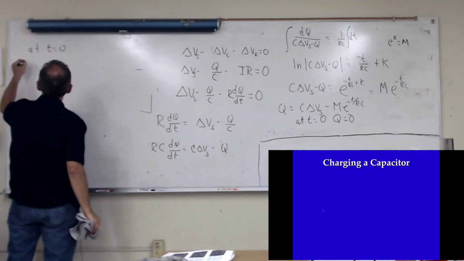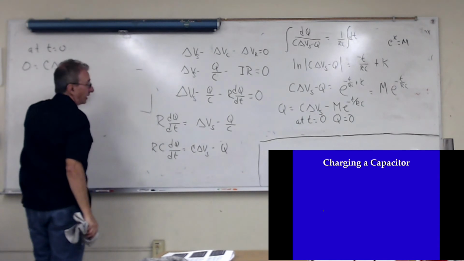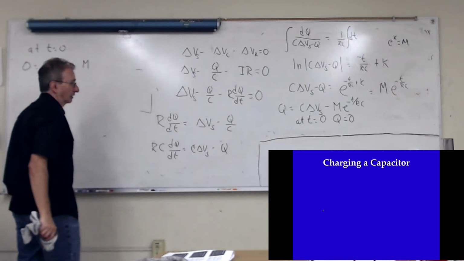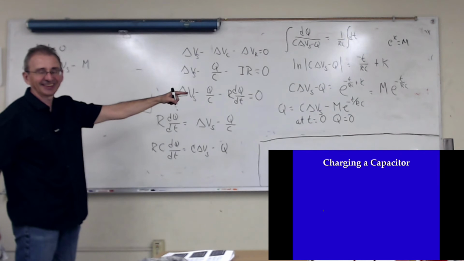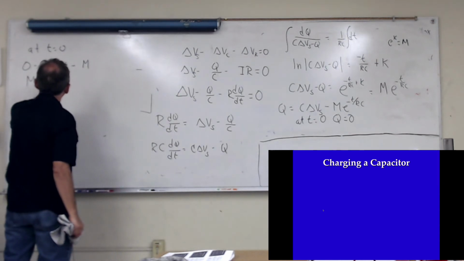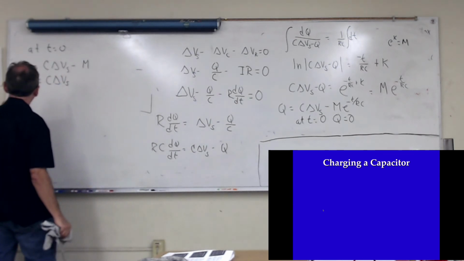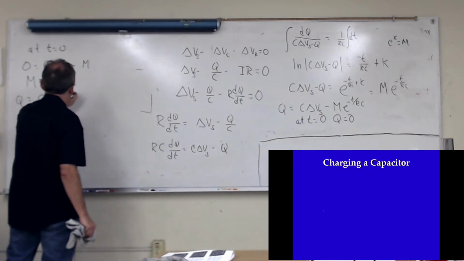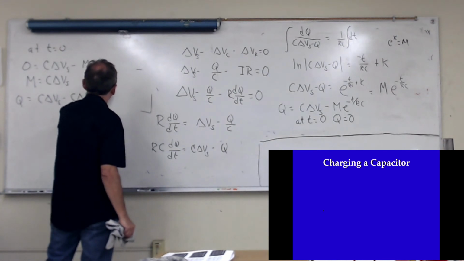So then I have 0 equals C delta V sub S minus M, because e to the 0 is 1, right? So M is C delta V sub S. So that means Q is C delta V sub S minus C delta V sub S e to the minus T over RC.